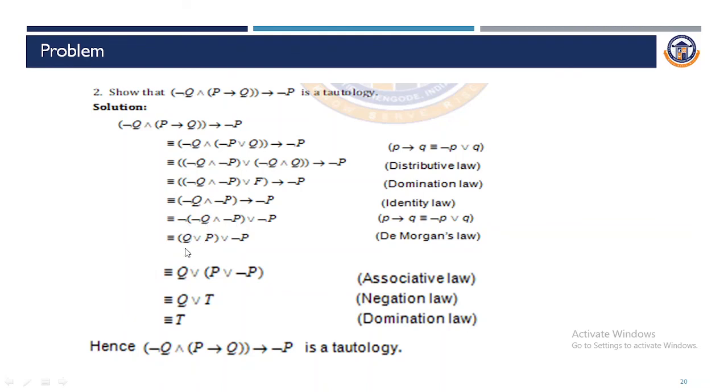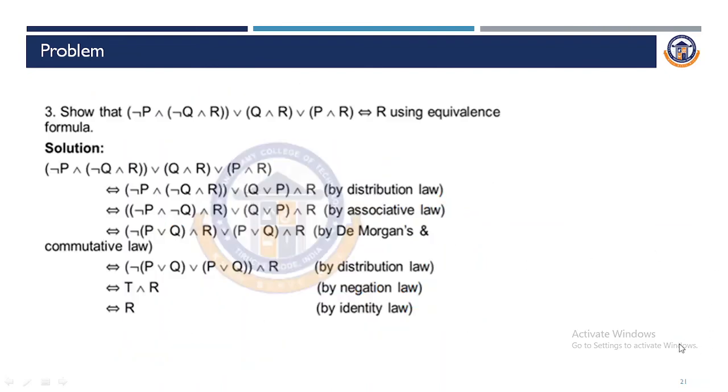Negation of negation is Q, negation of negation P is P, then using associative law, Q or P or negation P, Q or true, Q or true is true, the resultant value is true, therefore the given proposition is tautology.